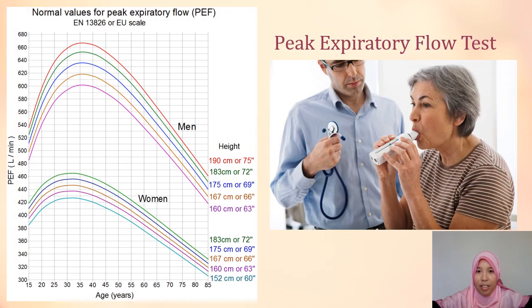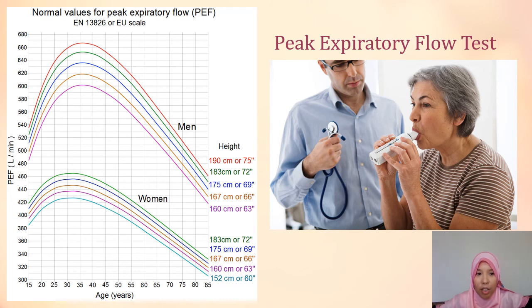Right, so this is the peak expiratory flow test, and this is one of the easiest tests to look at your lung ability. You just need to have your peak flow meter, and that's it, and you plot yourself a graph.